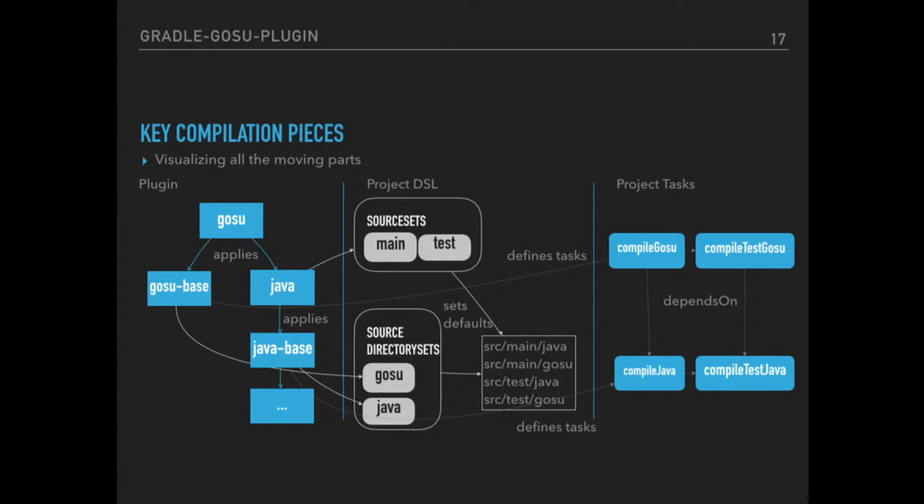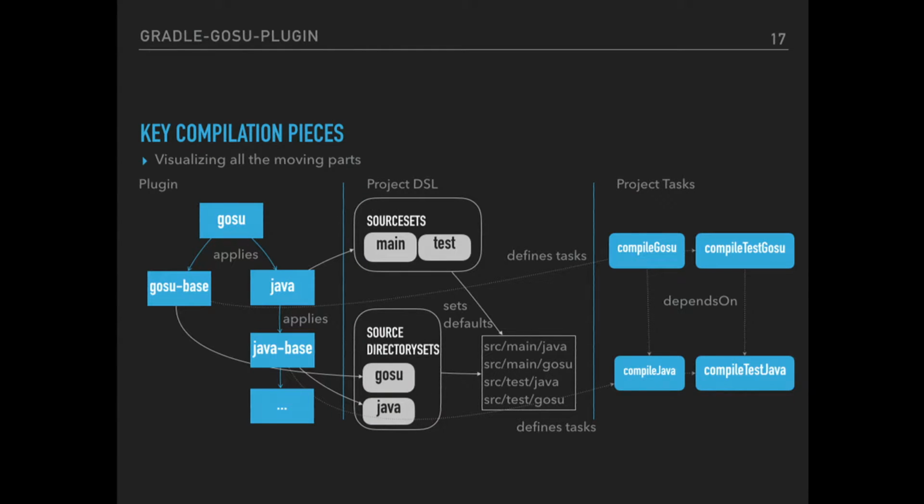All right, so let's back up a second and look at the high-level overview of what's actually happening when we apply a language plugin to a project. I've mentioned the source sets and directory sets now, and it's very difficult to do a class execution diagram or anything like that, but I'll do my best. So on the left third of the page is what happens when you apply the language plugin. Well, it applies its own base plugin as well as the Java plugin.